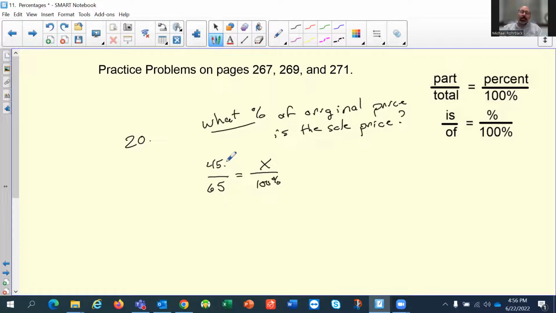It's real important when you're doing math that you write down the right numbers. Otherwise, you end up doing a lot of math and then A, B, C, D doesn't match. And you're like, what's wrong? Oh, I copied the wrong number. All right, so we don't want to do that. So again, cross multiply and divide. 45.50 times 100, it's 4,550 divided by 65.